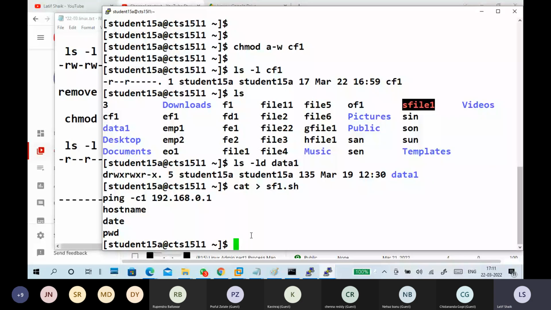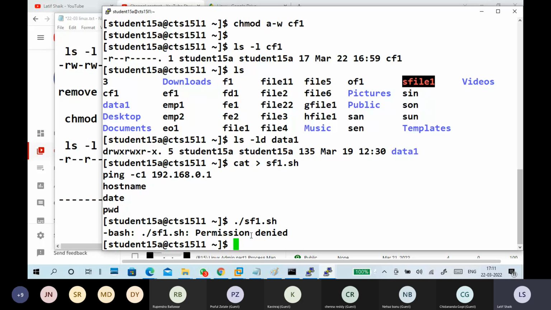So how to execute it? ./sf1.sh. Okay, so permission is denied. You are not able to execute. Why?